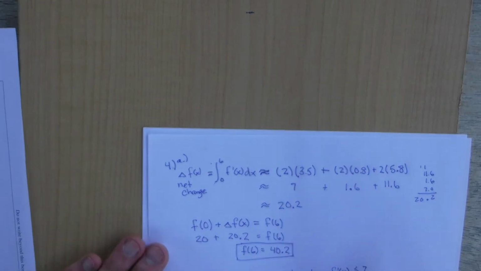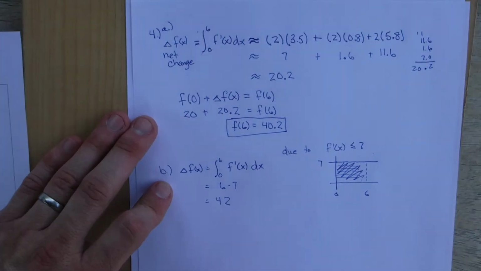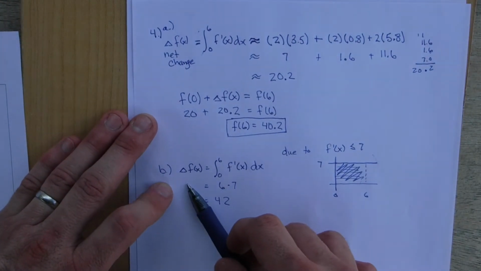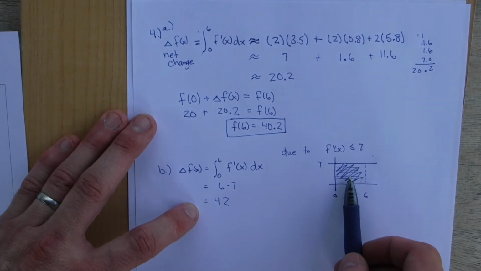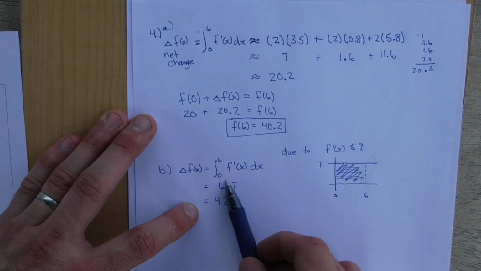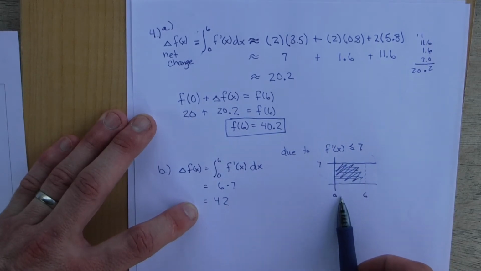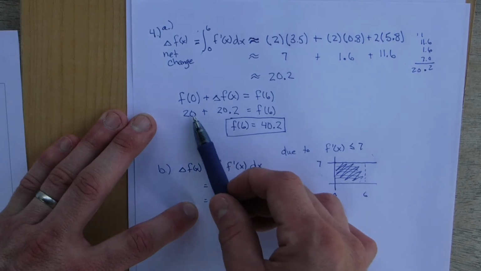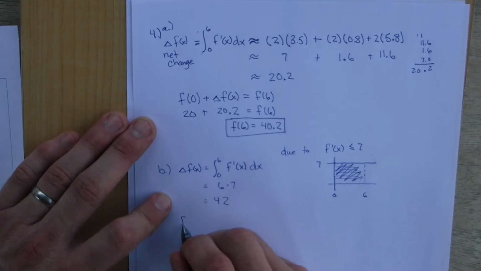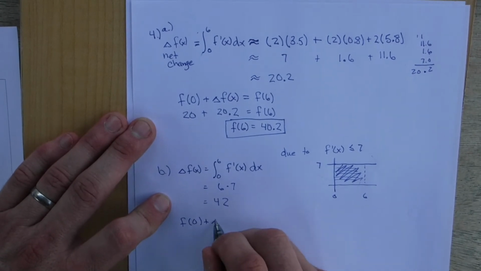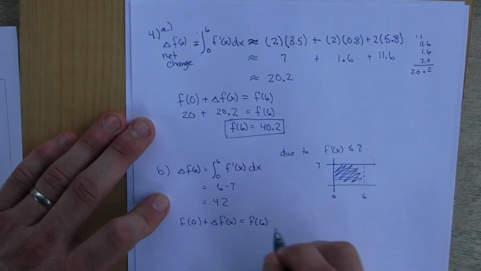So what does that mean? Well, again, we're going to break this down. Oh, snap. I guess I was off the camera. My bad, I'm sorry. So the net change, this area, the biggest it could possibly be is 42. The integral, base times height, area under the curve, the biggest it can be is 42. So breaking it down in a similar fashion as I did right here, I know that f of 0 is 20, and my net change is going to give me f of 6.